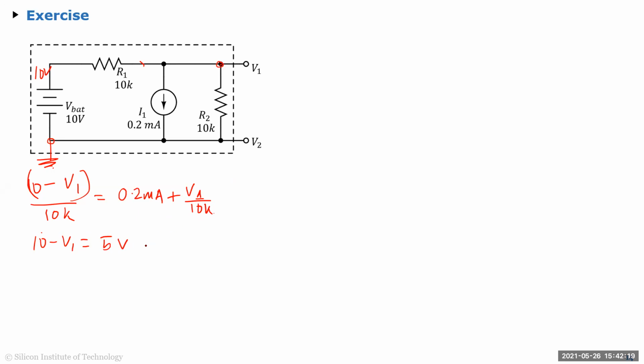Oh, sorry, 5 volts plus V1, or I'm making a mistake somewhere. 10 minus V1 over 10K is 0.2 milliamps plus V1 over 10K, and then 10K times 0.2 milliamps is 2 volts.